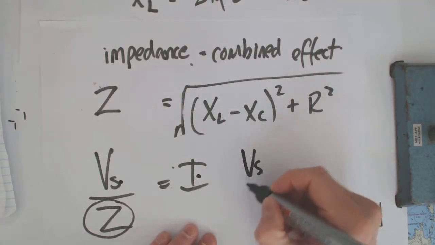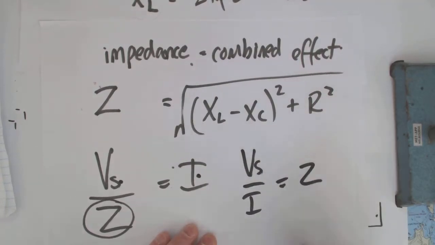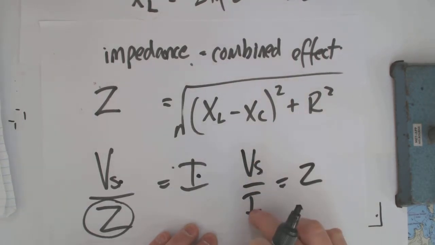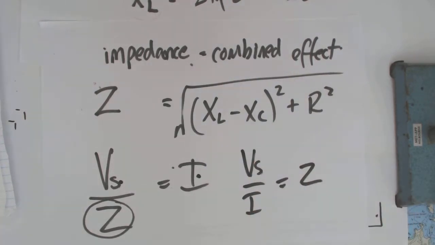So if you have Vs over I equals Z, it doesn't matter whether you use peak voltage and peak current, or RMS and RMS current, it will give you the impedance. But don't mix and match. The square root of 2 will cancel out, so it doesn't matter which one you actually use.